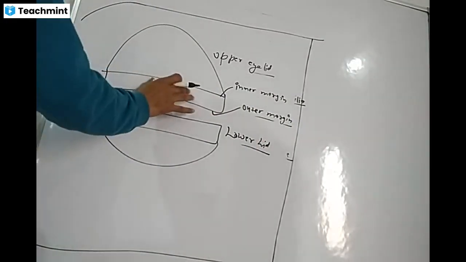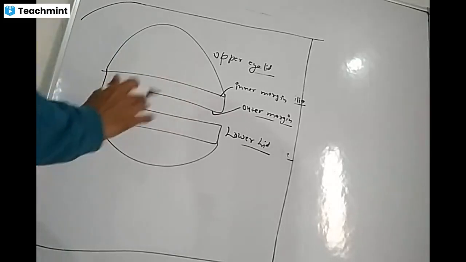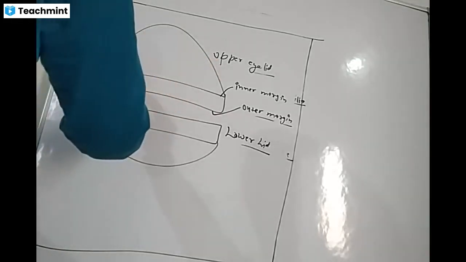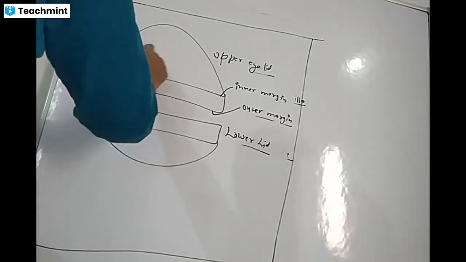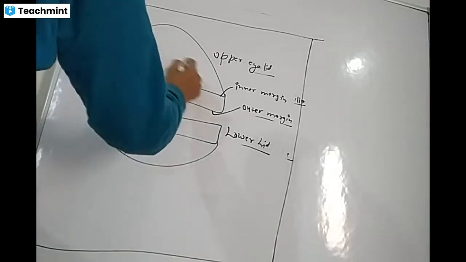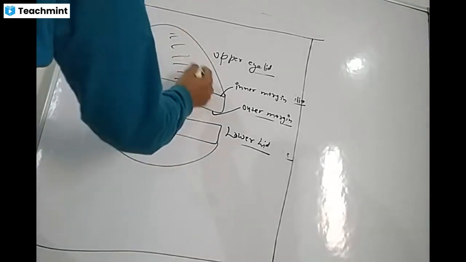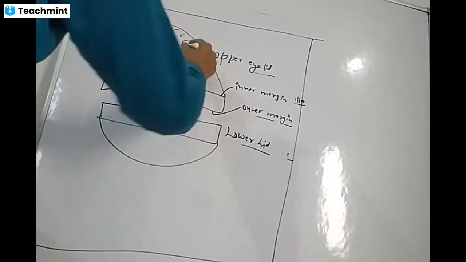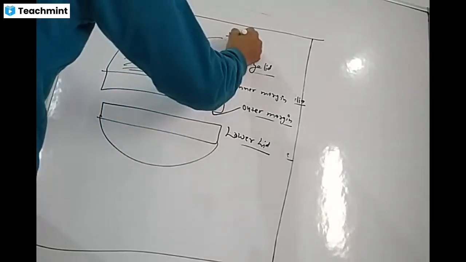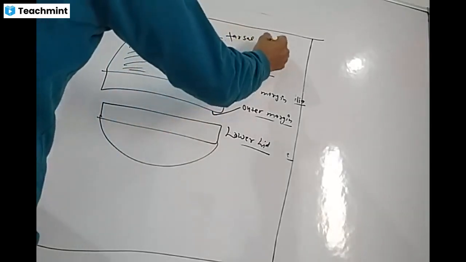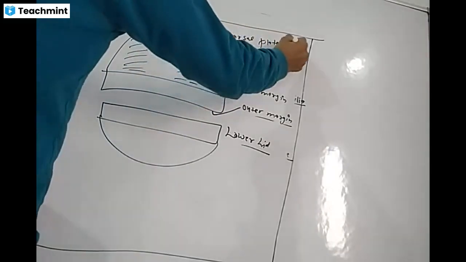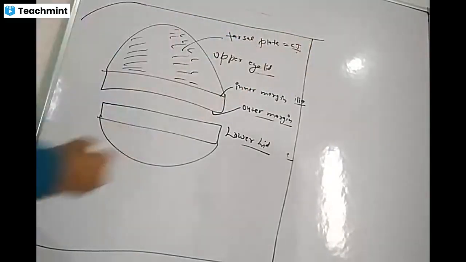If we look at this upper eyelid, then the connective tissue of the upper eyelid is called tarsal plate. That connective tissue is called tarsal plate.